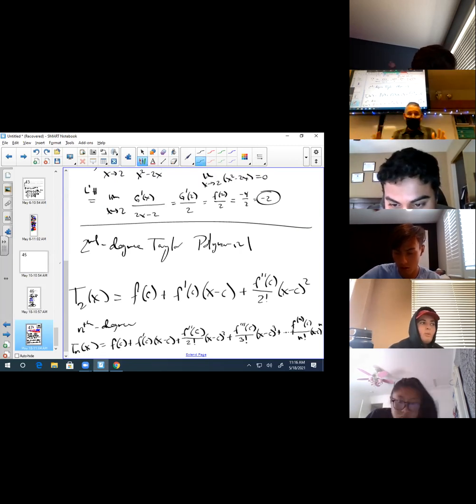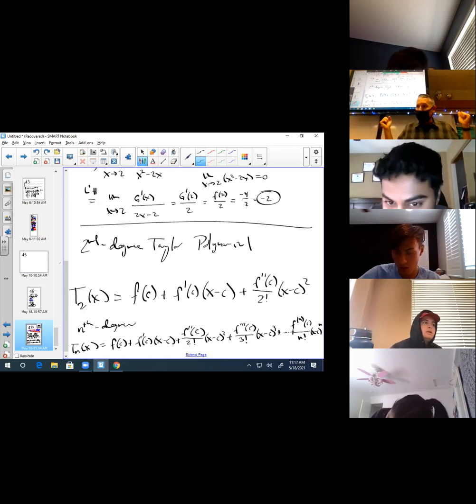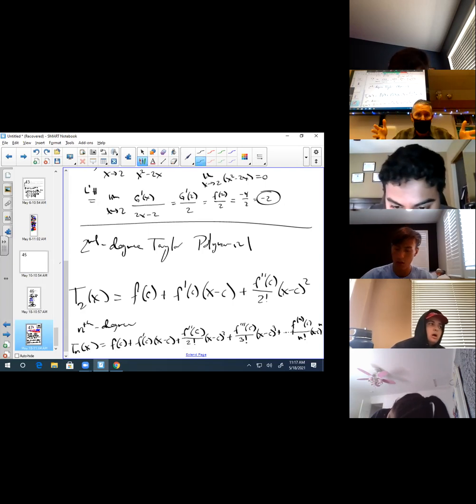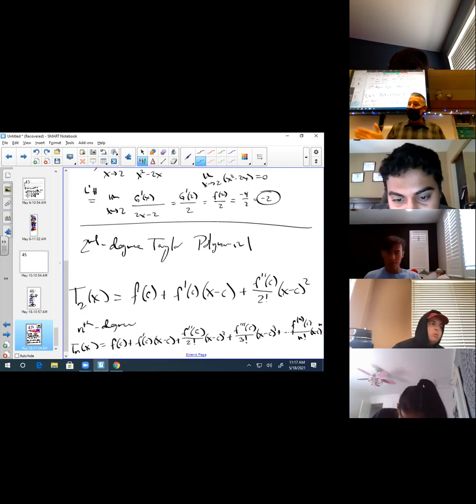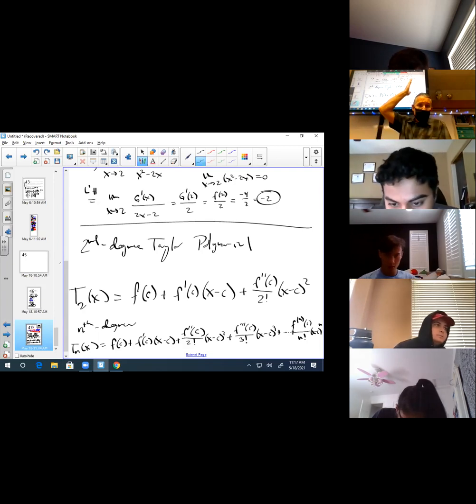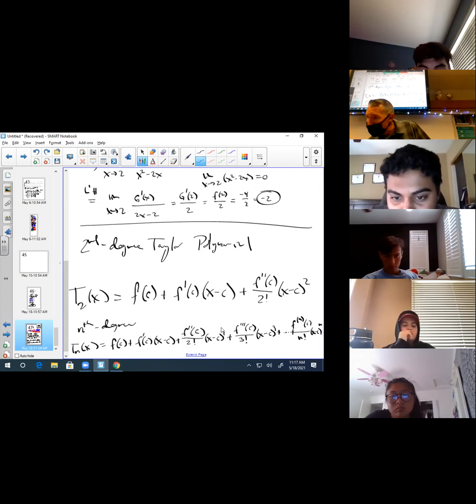In general, that is what the nth degree Taylor polynomial looks like. It's just that pattern, so make that flashcard. But here we're stopping at n equals 2.